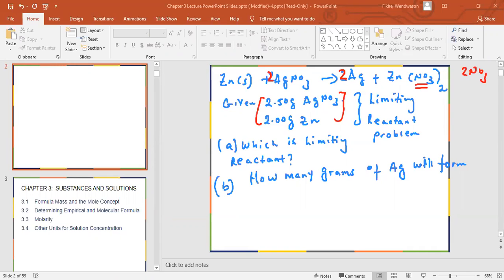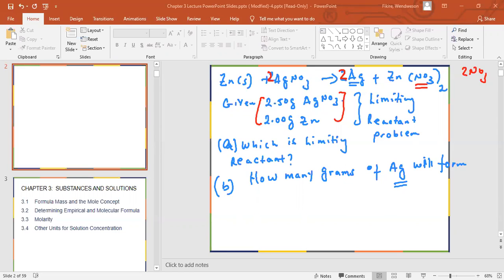Once you answered part A, which is the limiting reactant, then it would be easier to work with the amount of product. In this case, they gave you the question: how many grams of silver will form? The amount of silver that's forming is determined by what?